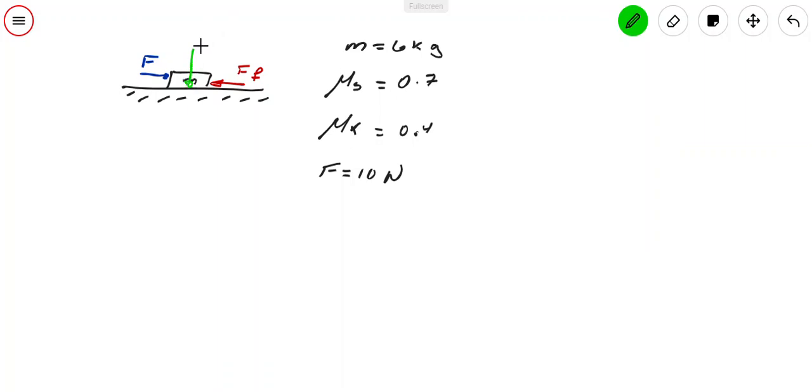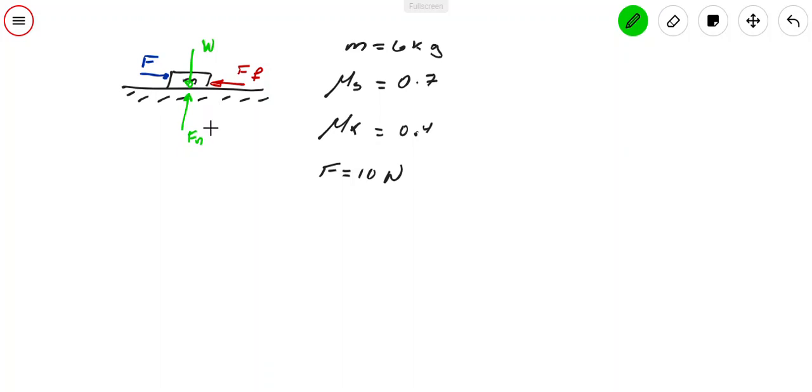So the first thing we have to remember is that as this block is resting on the surface, there would be a reaction that we are going to call the normal force, N or Fn. You know, there is in some way an action-reaction pair with the weight of the block in this case. The weight of the block, that is due to the effect of gravity, points toward the center of the earth, so it's going to point always vertically down, right?